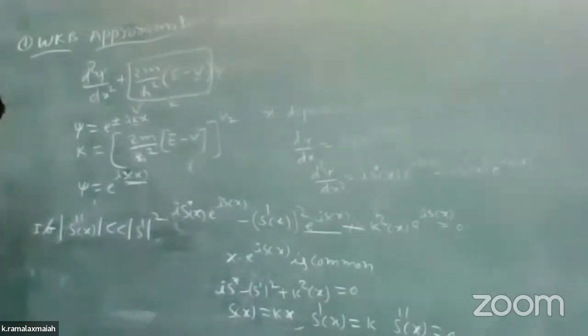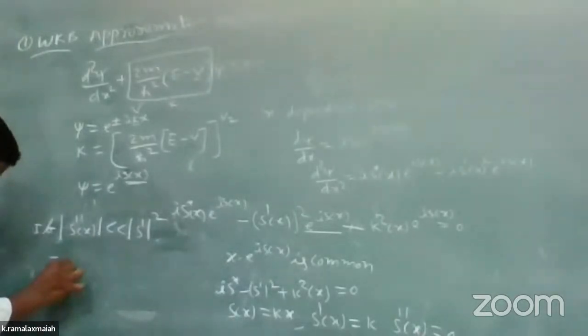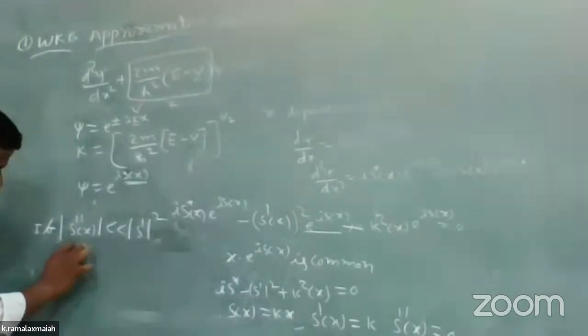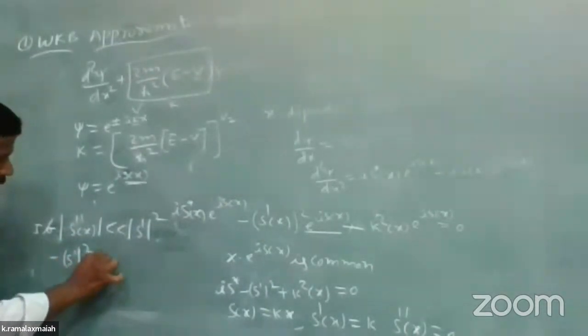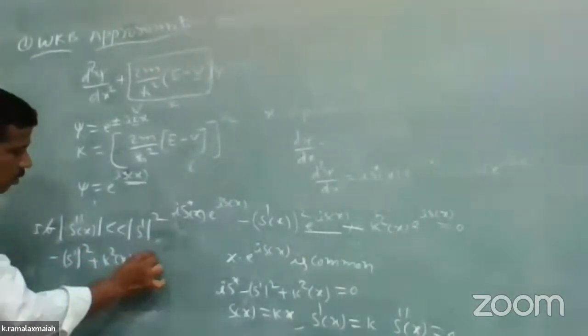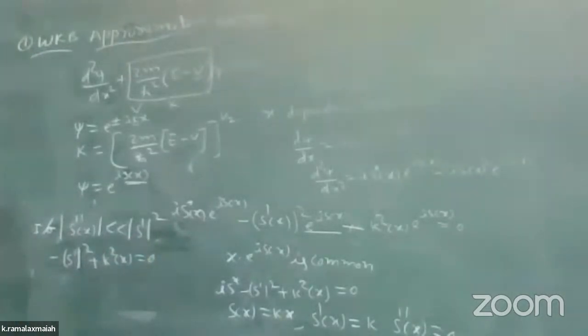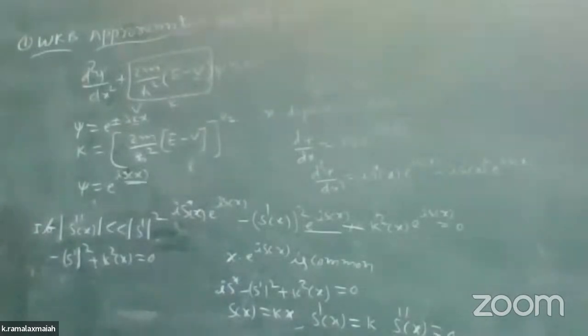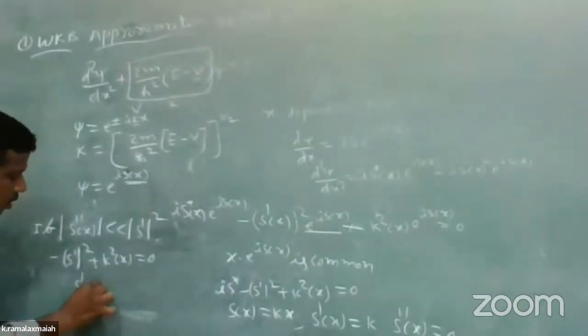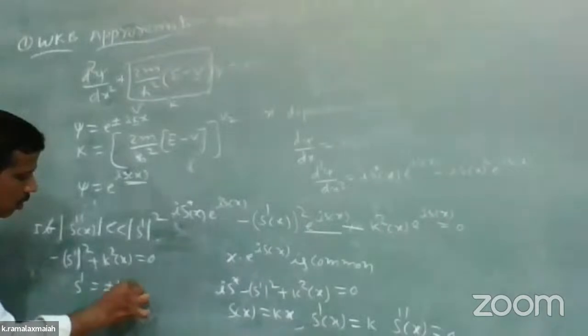So here, minus s dash square plus k square of x is equal to 0. From this equation you observe that s dash is equal to plus or minus k of x.